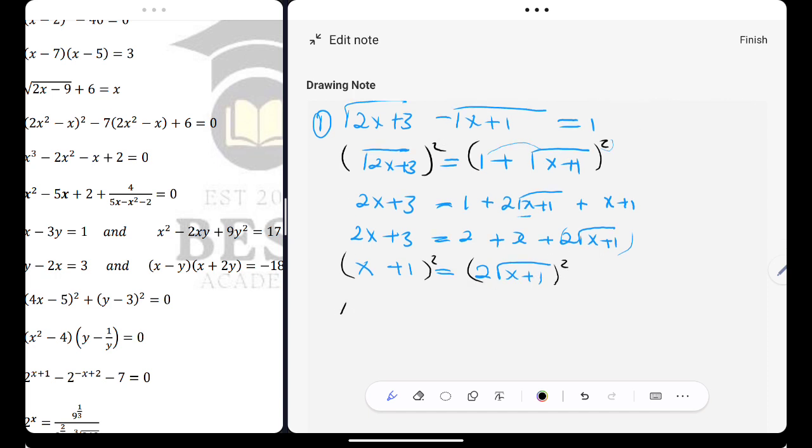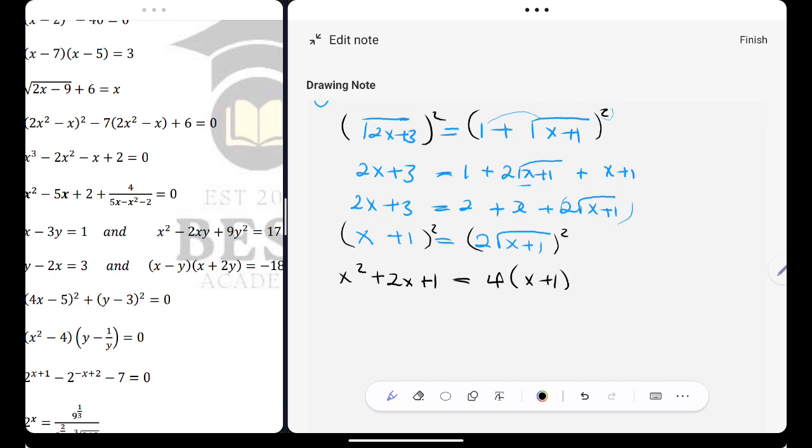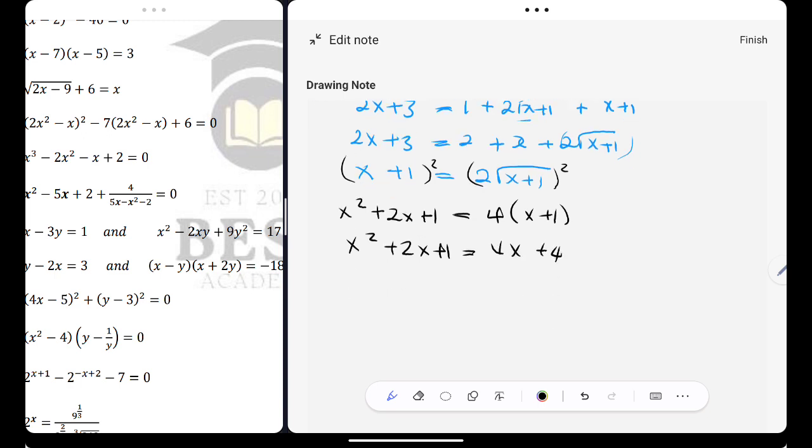When I do that, I'll have x squared plus 2x plus 1. On this side I'll have 4 multiplied by x plus 1. I'll have x squared plus 2x plus 1 is equal to 4x plus 4.